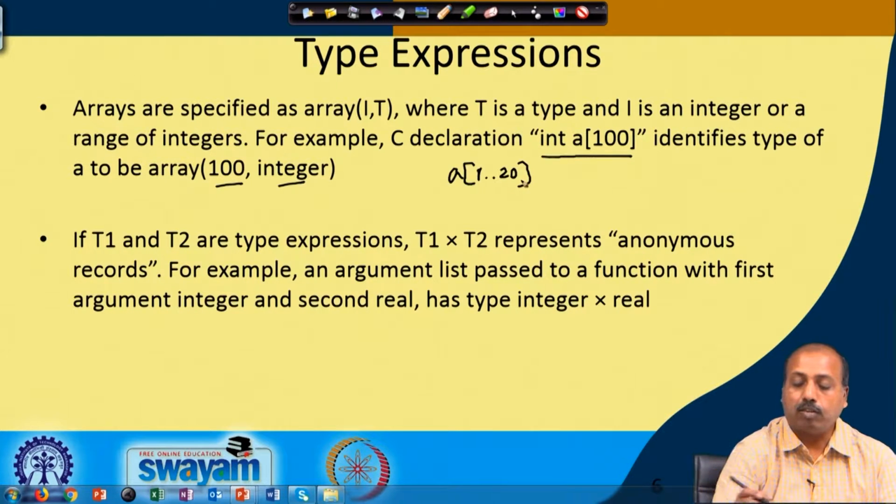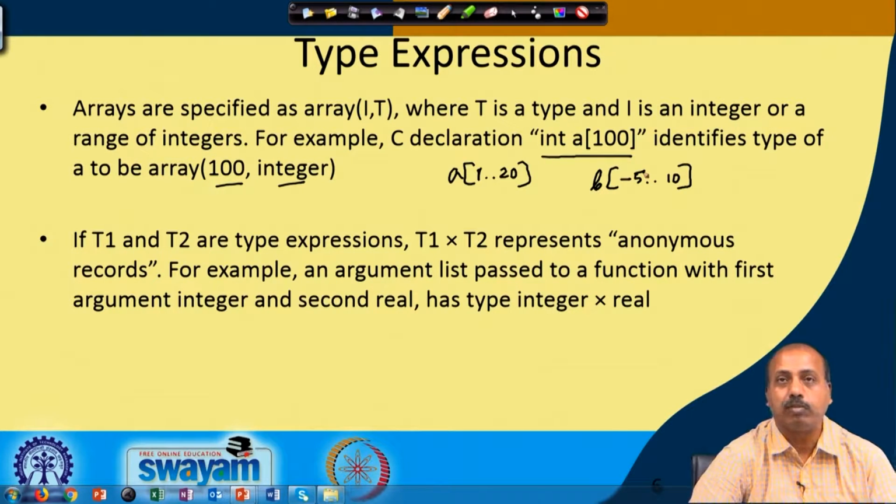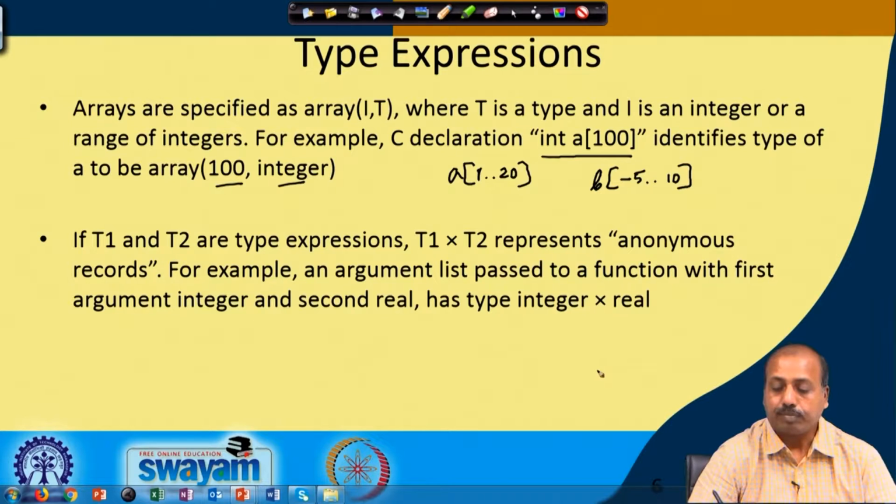It is not impossible to have, say, -5..10. This is also an array, where the indices run from -5 to 10. These are all possible, which is why it is called a range.